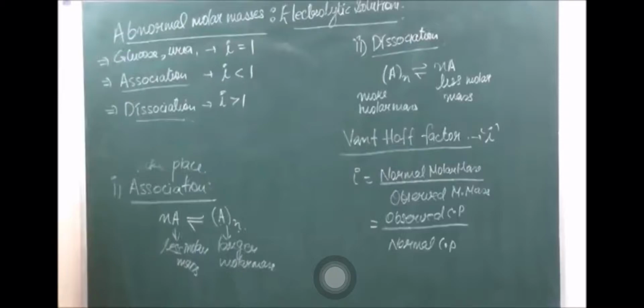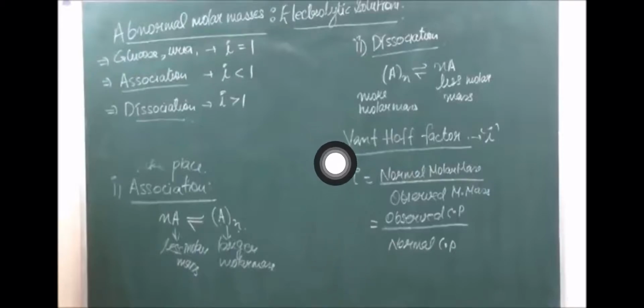We have discussed this colligative property for a dilute solution. So when we are talking about a dilute solution, when a solute is mixing into the solvent, there should be no association or dissociation.